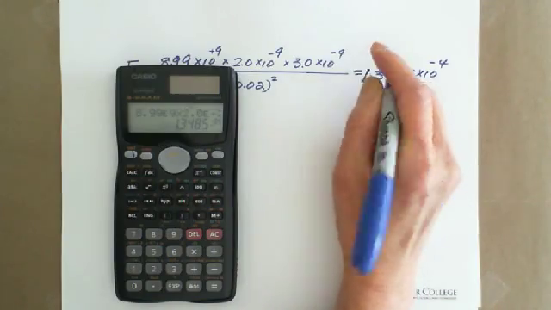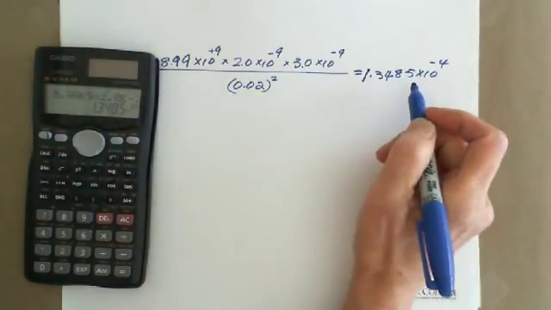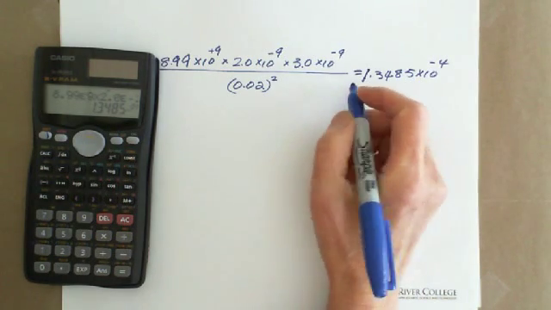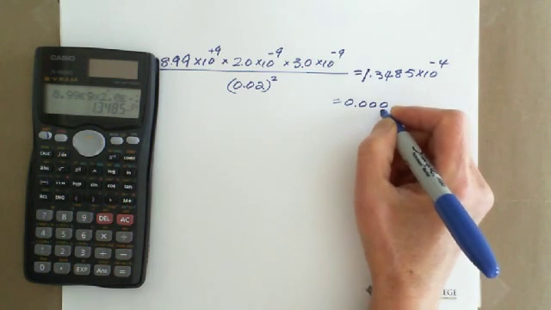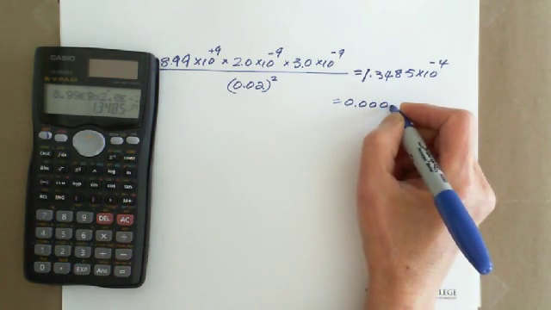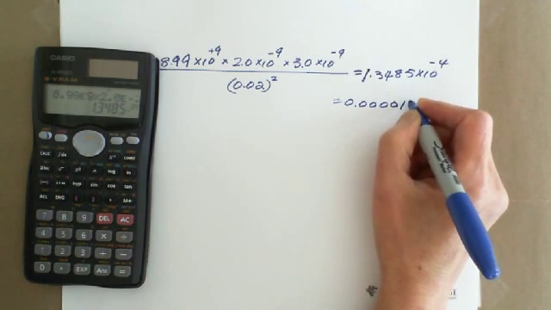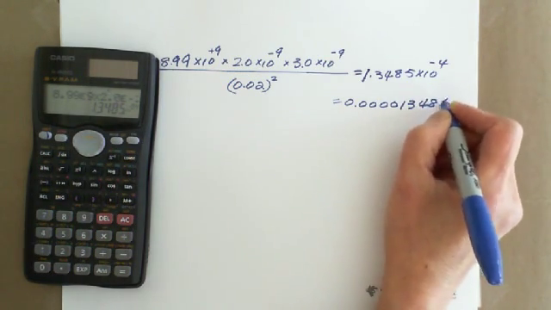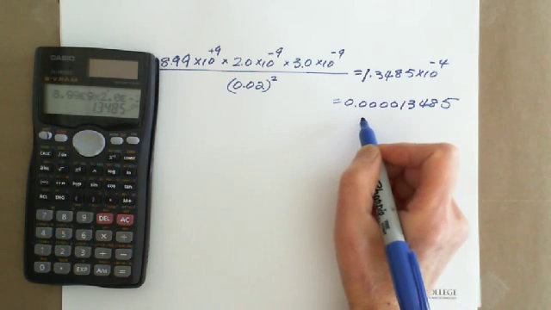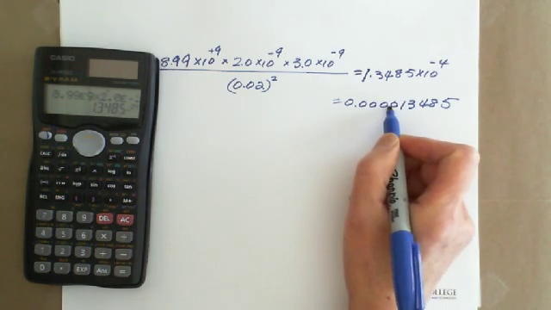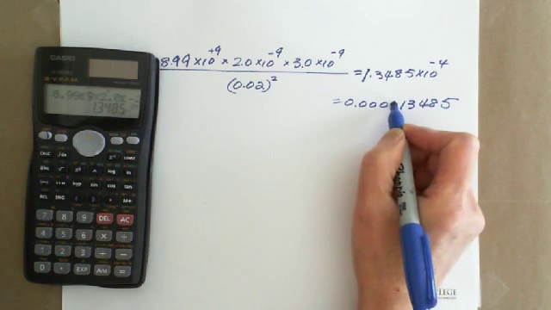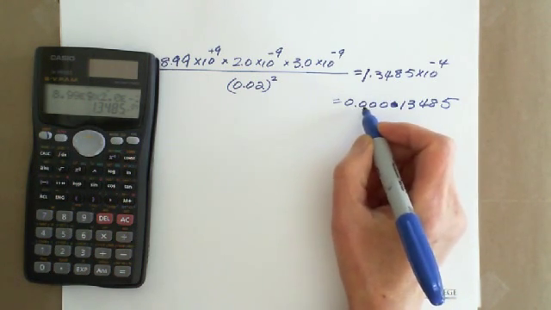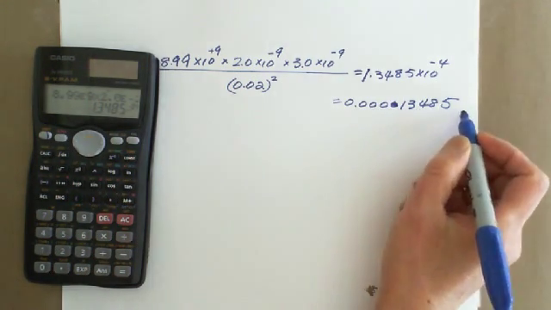This is scientific notation. If you write it down in decimal, it actually equals 0.00013485.